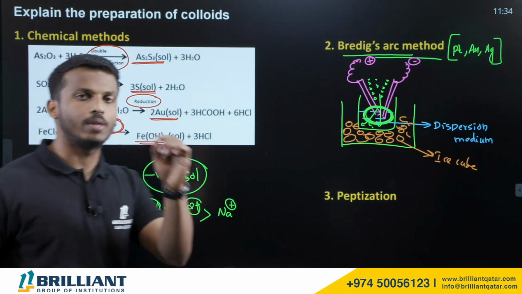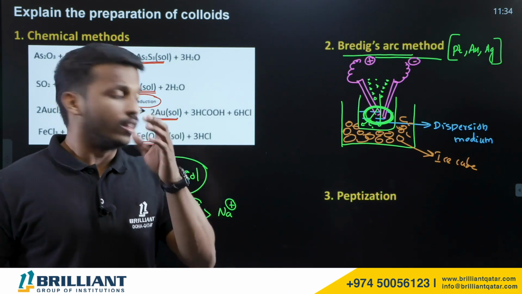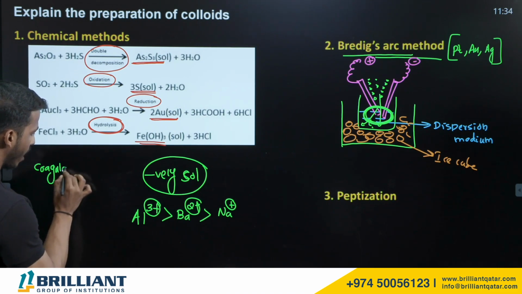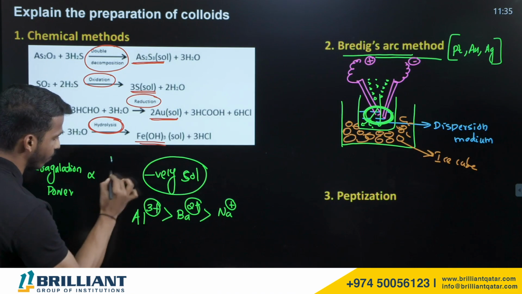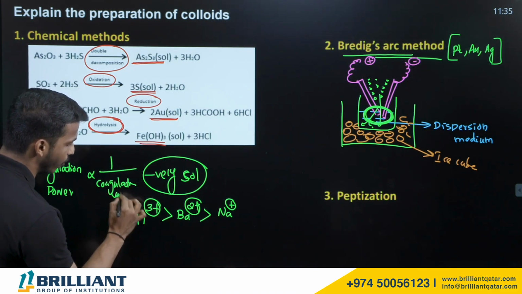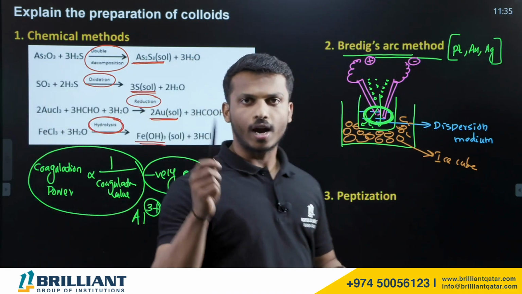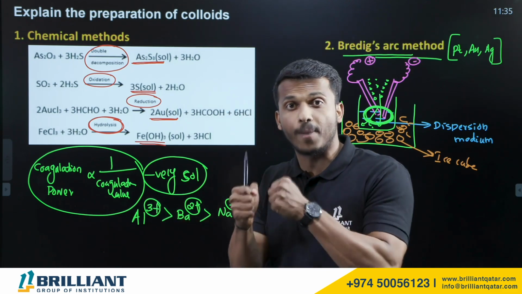One more thing, the term coagulating power is also called flocculation power. There is one term you have to remember: the coagulation power is inversely proportional to coagulation value. Very carefully remember. According to the Hardy-Schulze rule, as the charge of the ion increases, its coagulation power increases.